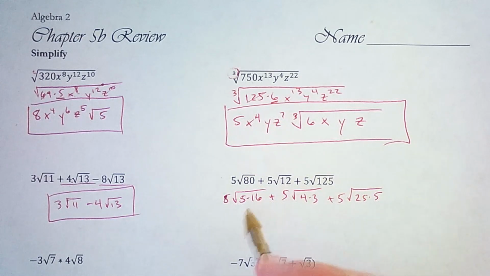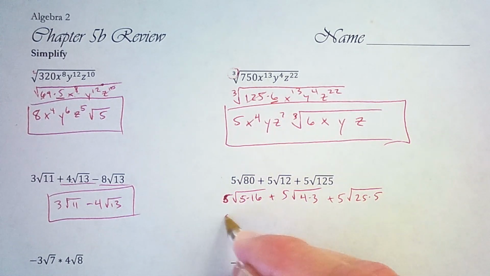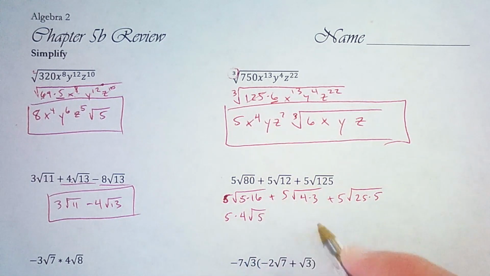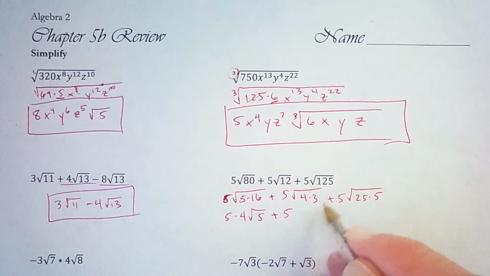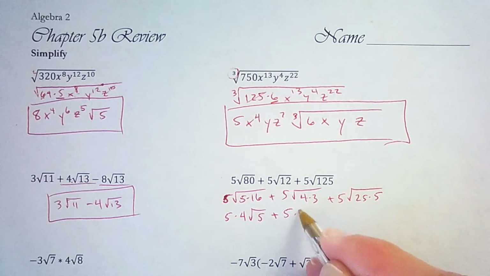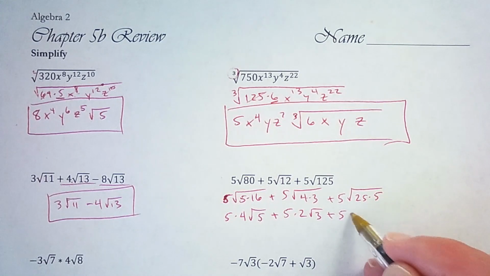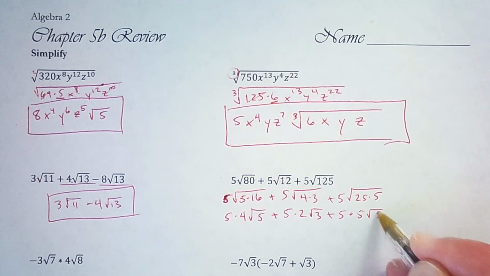The square root of 16 is 4, so I've already got a 5 out here, and now I'm taking the square root of 16, and that's 4. Here I've already got a 5 out here, and the square root of 4 is 2. And I've got a 5 out here, and the square root of 25 is 5.